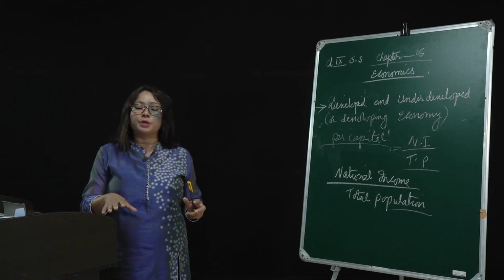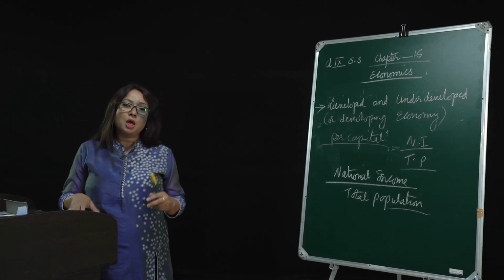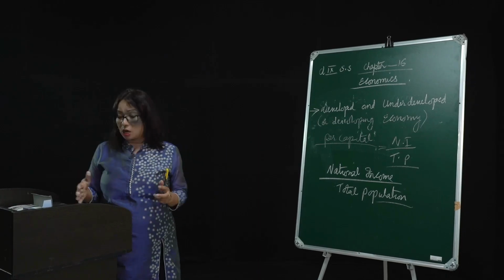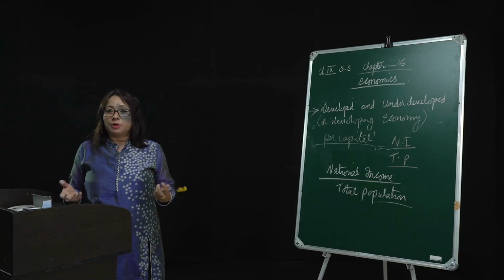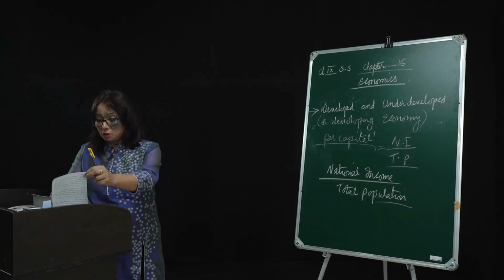And so when we compare the per capita income of India with USA or Canada or Australia or Western Europe, it is very low. And so India is regarded as an underdeveloped country.